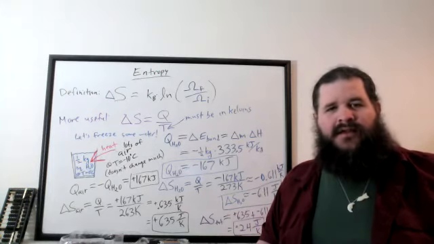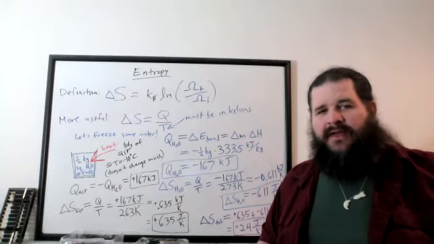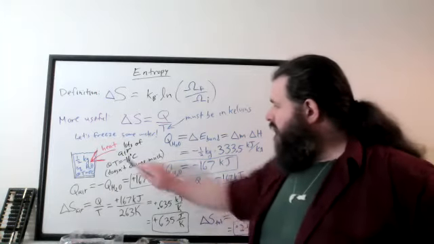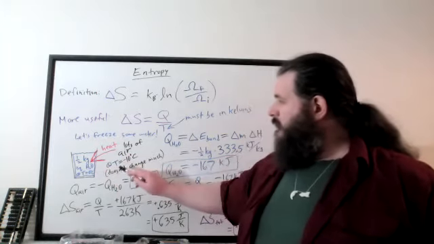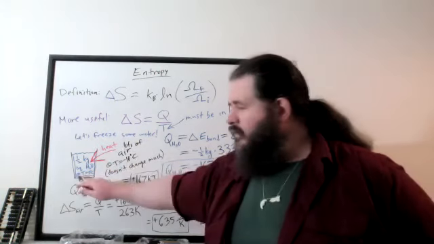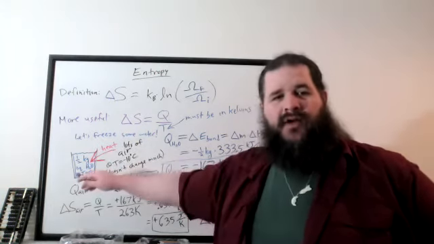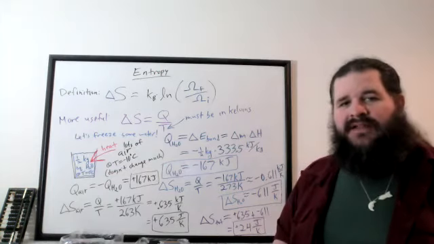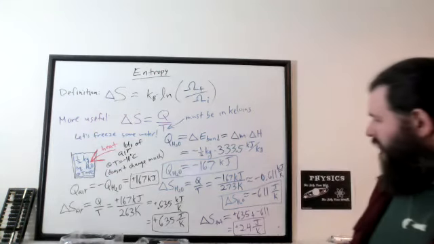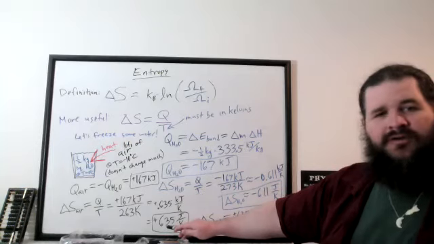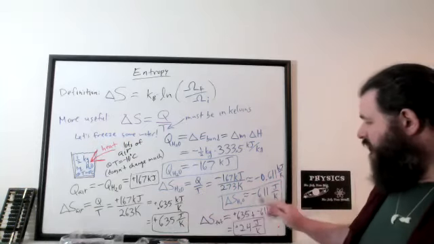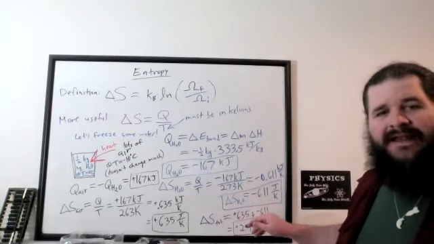That's what heat does. But mathematically, the reason for that is if you actually try running these calculations for this process, if you assume that heat flows from the air to the water, from the cold object to the hot object, you'll find that the air is losing 635, the water's gaining 611, and the total change would be negative 24.